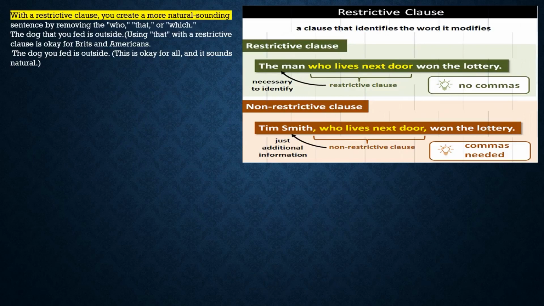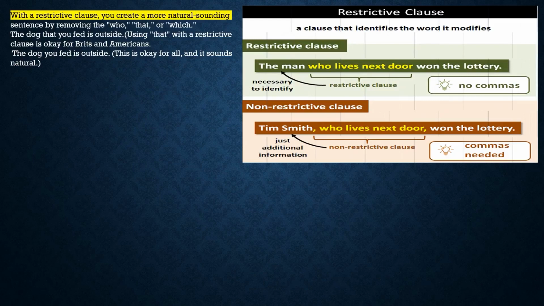Now if we compare with a non-restrictive clause: Tim Smith, who lives next door, won the lottery. Here you have commas. These commas create a separation of the ideas.